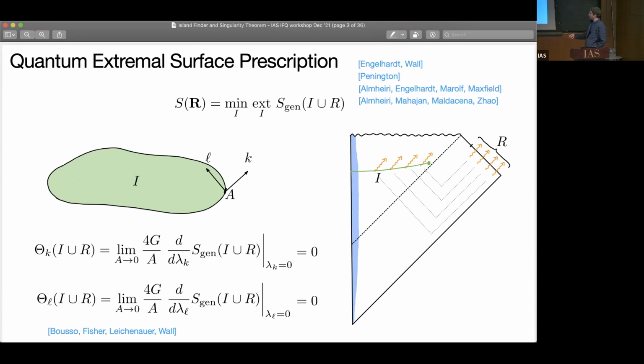Now, quantum expansions are in general difficult to compute because the von Neumann entropy in the bulk is difficult to compute. But in the context of black hole evaporation, people have done this computation in many simplified models, toy models, or with simplifying assumptions.